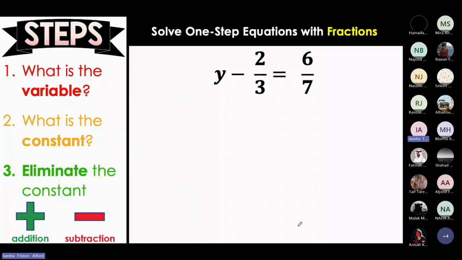This one. What's your variable? Y. What's your constant? Negative 2 over 3. Very good. How do you know the constant is negative 2 over 3?